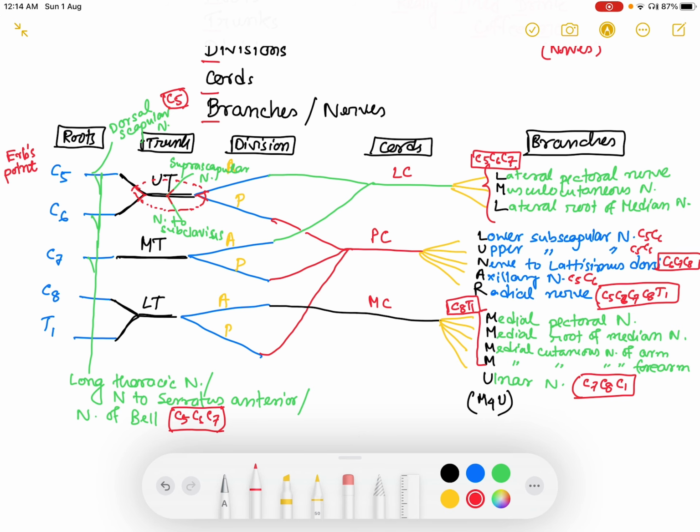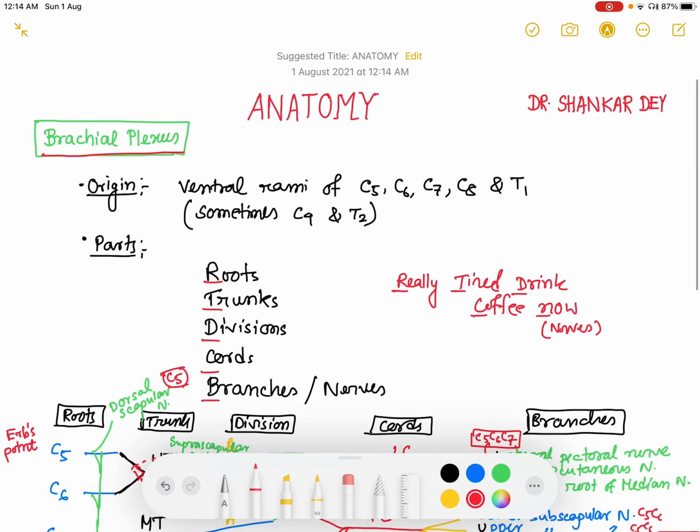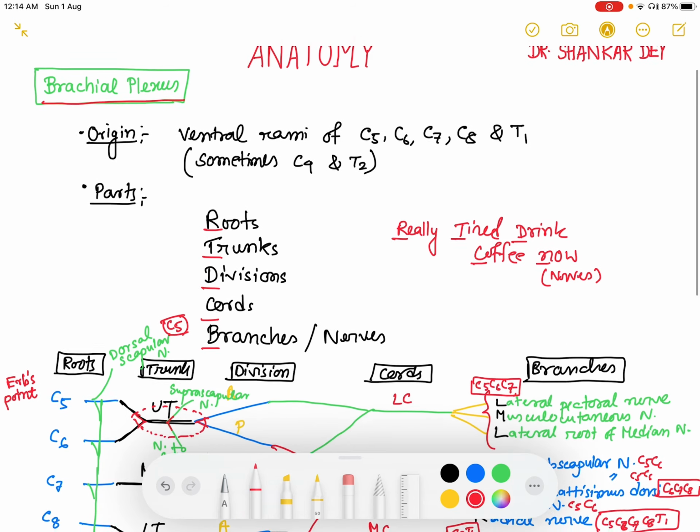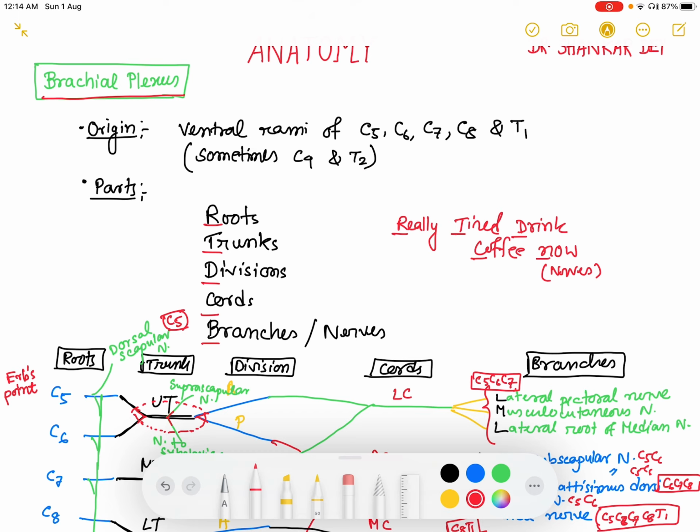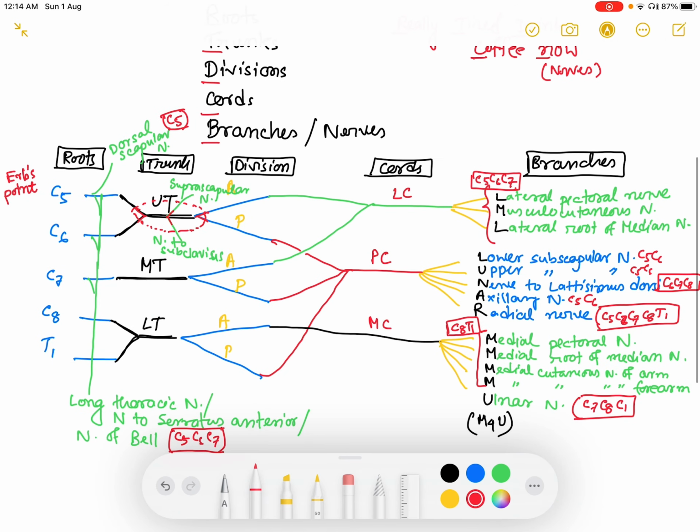So this is all about the brachial plexus. Brachial plexus origin is the ventral rami of C5 to T1, sometimes contributed by C4 to T2. Parts are roots, trunks, divisions, cords and branches. Mnemonic is Really Tired, Drink Coffee Now. Upper trunk is formed by C5, C6, middle trunk by C7, lower trunk by C8 and T1.